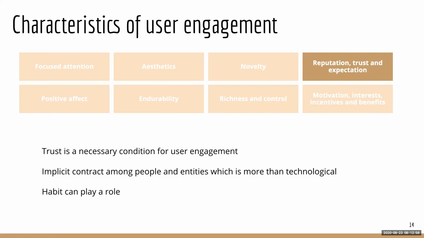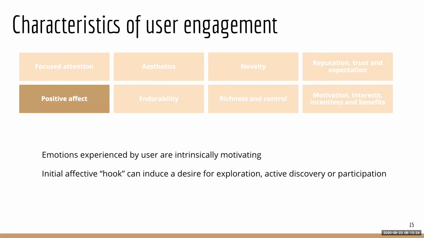Some aspect of trust goes a little bit to habit: you know what you expect when you go back to that product. For example, with Wikipedia, the level of trust or implicit contract between the user and that product would be different, for example, with respect to news and end user. So this is an important aspect of user engagement.